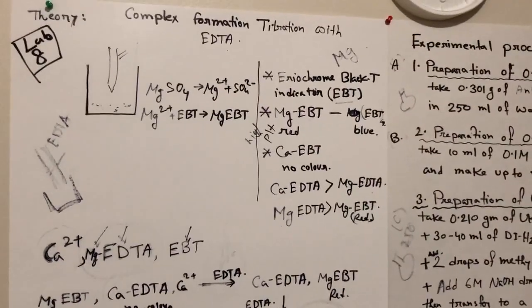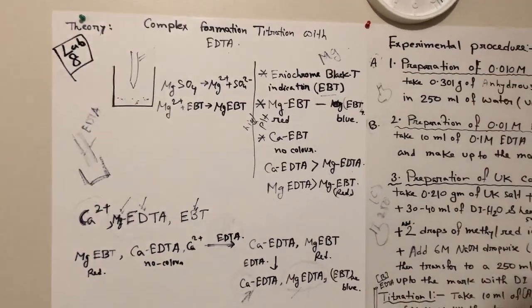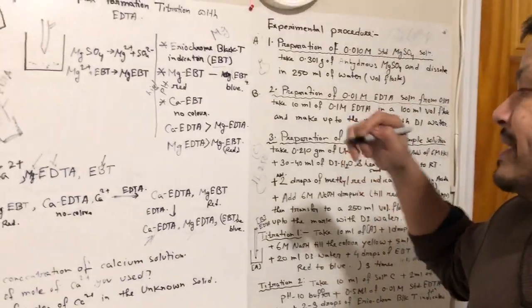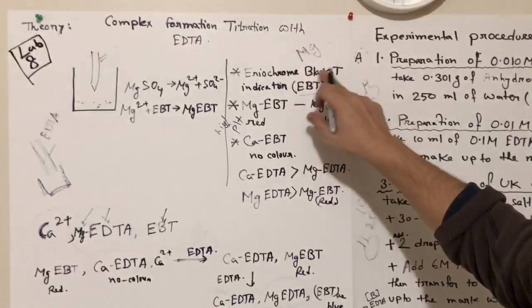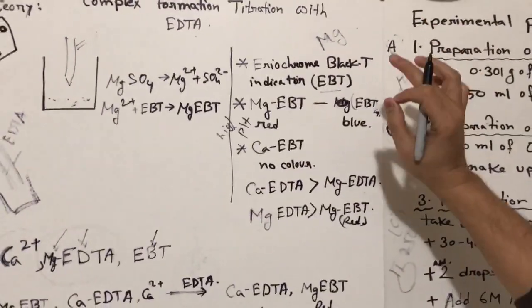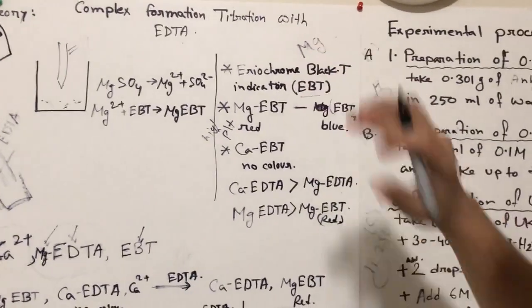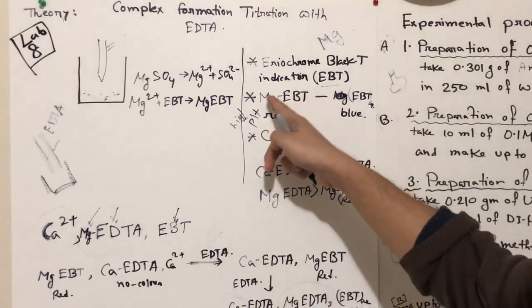Anyway, in this titration you have to keep in mind some very important points. You can call them the bullet points. In this titration, we use Eriochrome Black T as an indicator. Eriochrome Black T gives a different color with the magnesium.